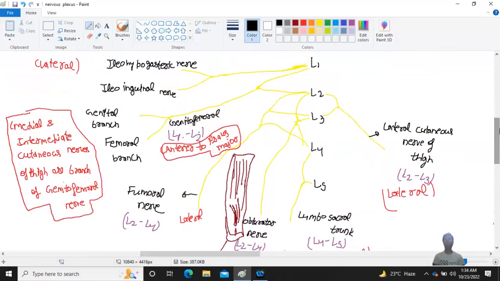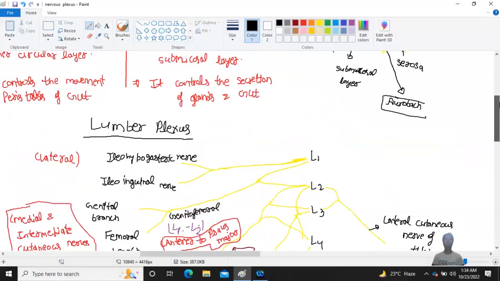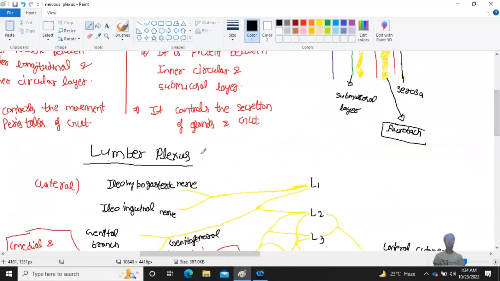And we know these are the branches, the ventral rami. This is the most common point in all plexus. These are the plexus of branches, the ventral rami, plexus of nerves formed by branches of ventral rami.